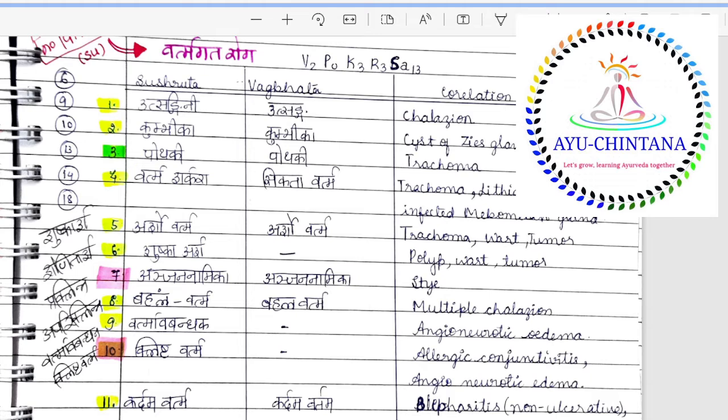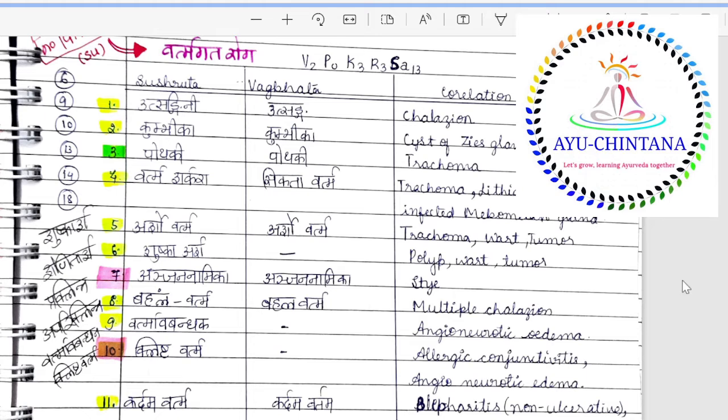Make a column like this. In that, Vartmagata Roga, 3 are Chedya, 3 are Bhedya, 9 Vyadhis are Lekhya. There is no Vyadhi that can be cured with Vedhana Karma. And Ashastrakrita are 2 in number.